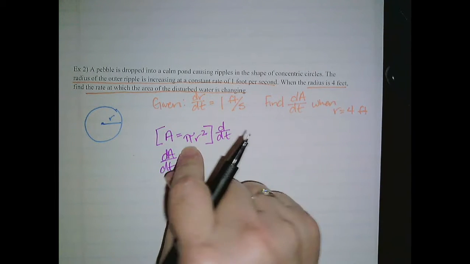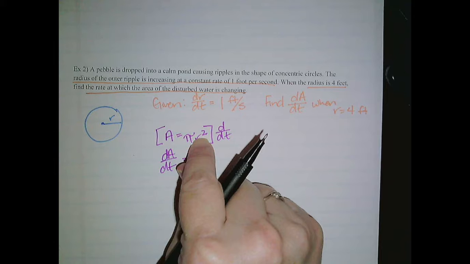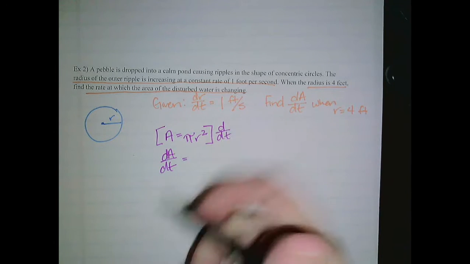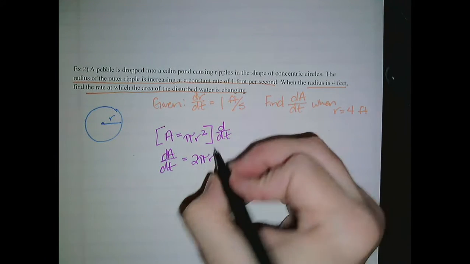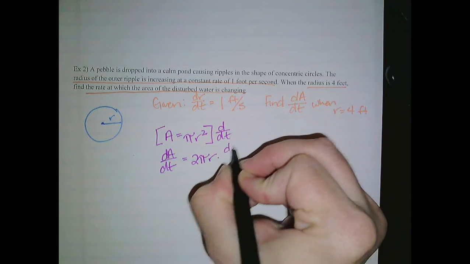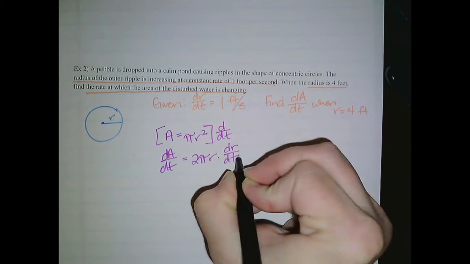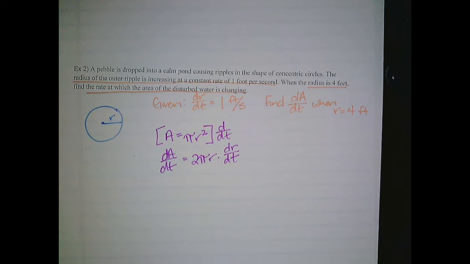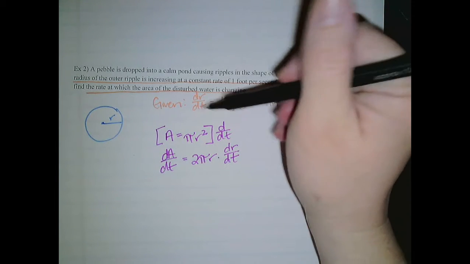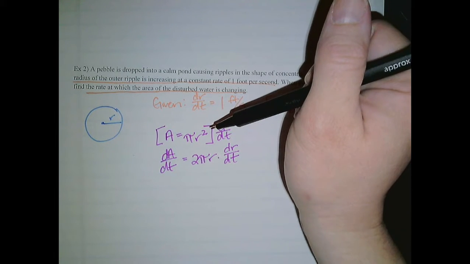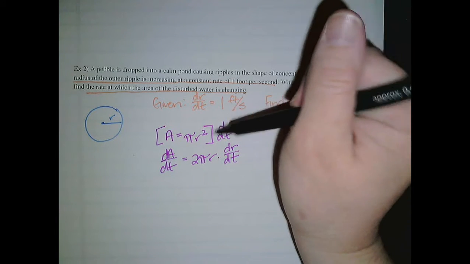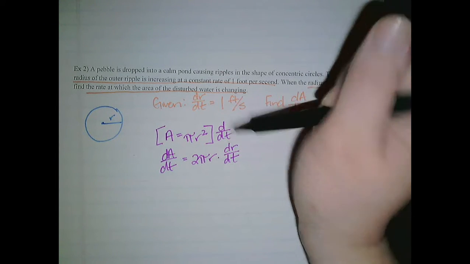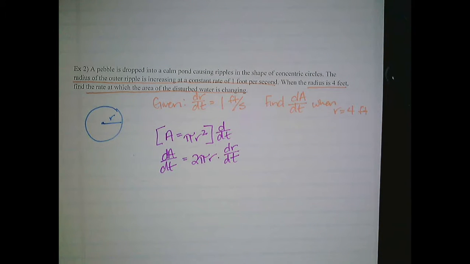Now, pi is just a constant, so when I take the derivative with respect to t, I'm going to get 2 pi times the radius times the derivative of the radius, dr, with respect to time, dt. So now we've taken the relationship that we know involving area and radius of a circle, and we've come up with the relationship between the rate of change of the radius with respect to time and the rate of change of the area of that circle with respect to time.